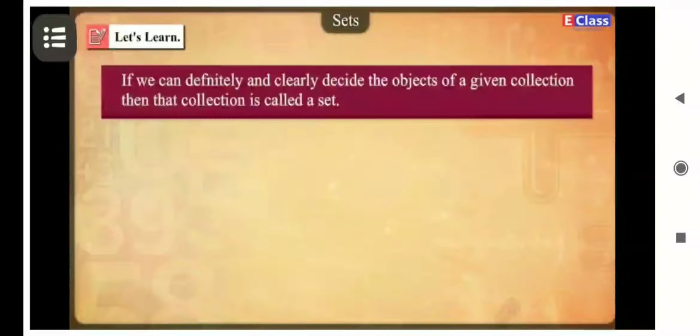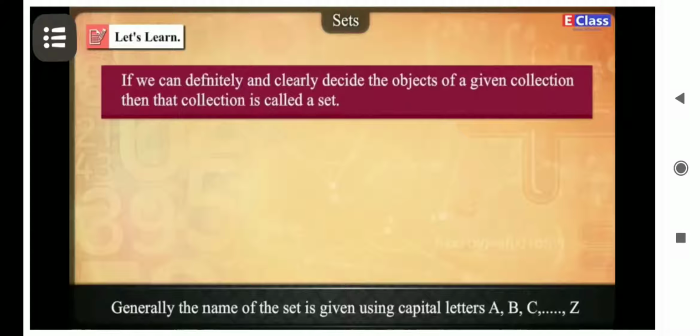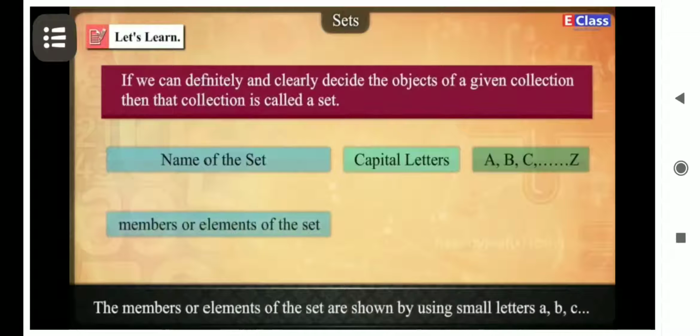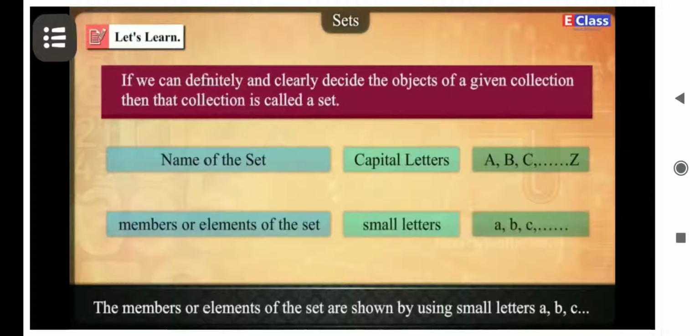Sets. Let's learn. If we can definitely and clearly decide the objects of a given collection, then that collection is called a set. Generally, the name of the set is given using capital letters A, B, C, and so on till Z. The members or elements of the set are shown by using small letters a, b, c, and so on.